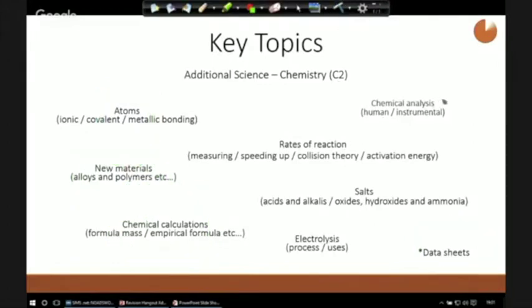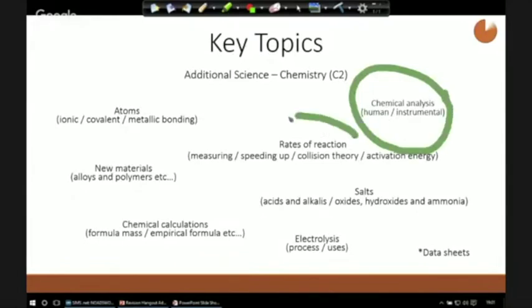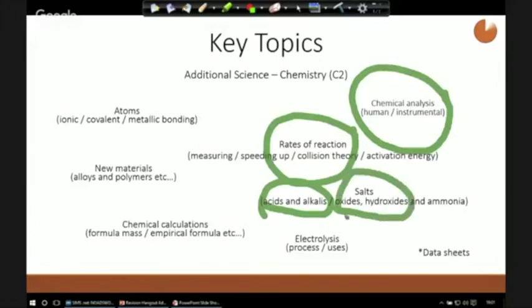For tonight, we're going to look at chemical analysis. We're then going to look at quite a large topic, rates of reaction, and then salts, specifically acids and alkalis with neutralization, precipitation, and then oxides and hydroxides, and finally a small amount on ammonia.